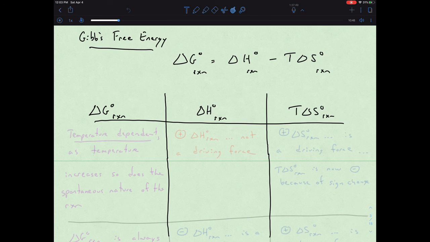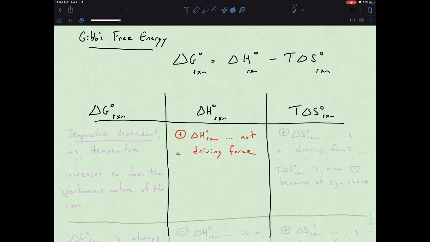What we want to start doing is putting in different signs that you could possibly have. So let's say we have a positive delta H. And we could say that this is not a driving force, right?